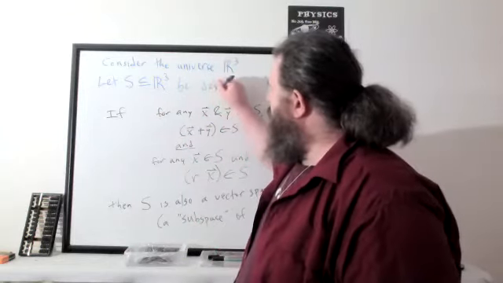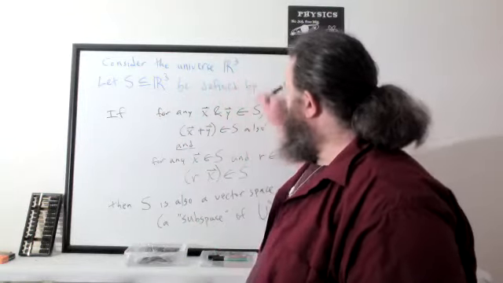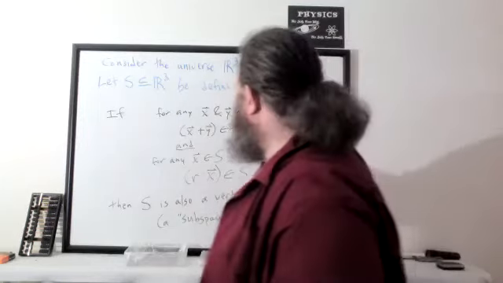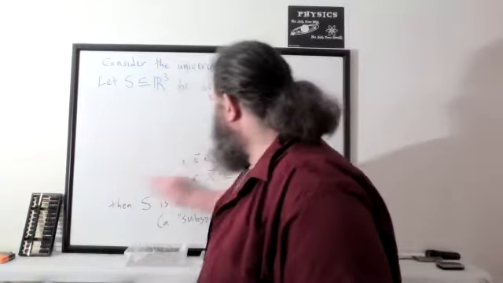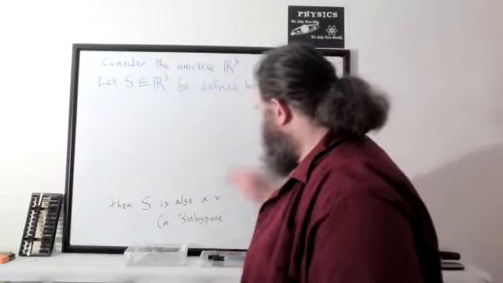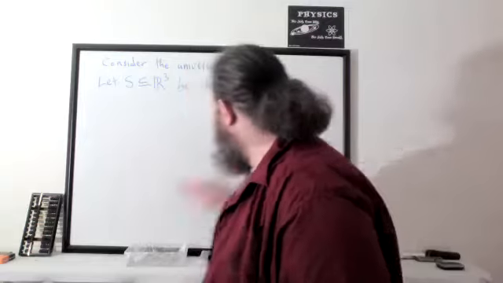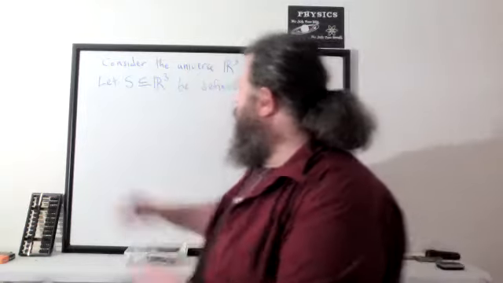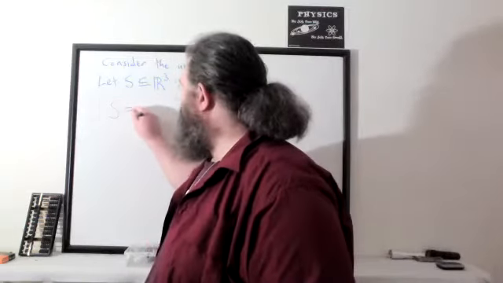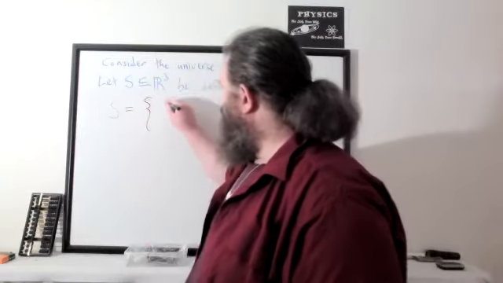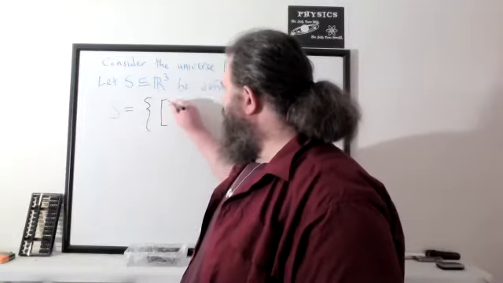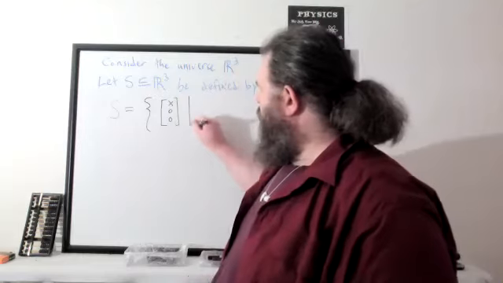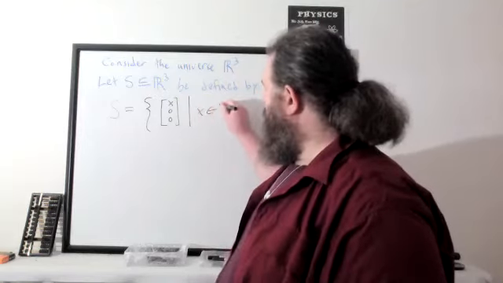And let's assume that it is defined by, and we can write this in set builder notation, the set of all vectors x, 0, 0, such that x is a member of R, just R.